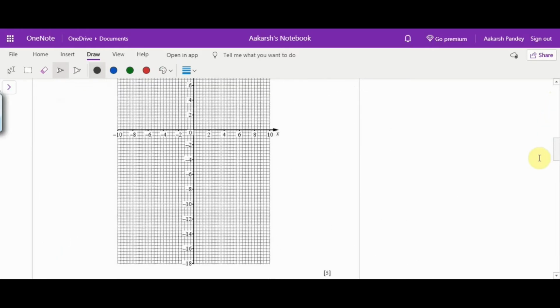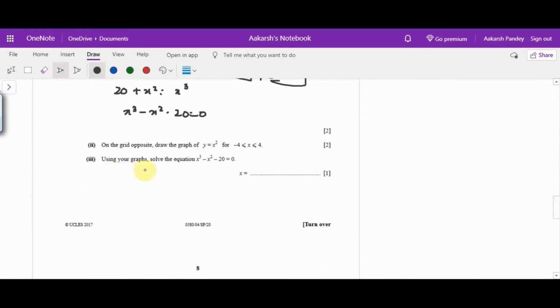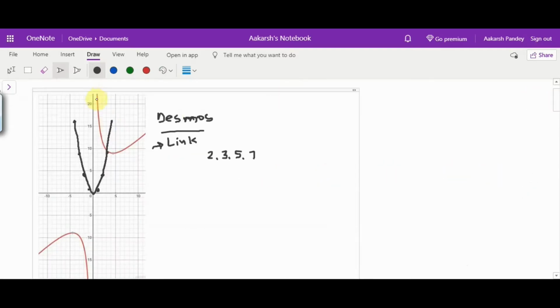Now what they've asked us to do is use the graph to solve the equation y equal to f of x, which is this red graph, and this black one is y equal to x square. They have one intersection over here.